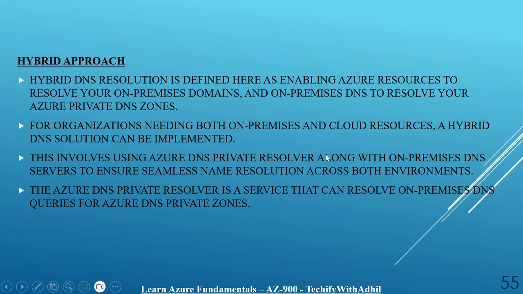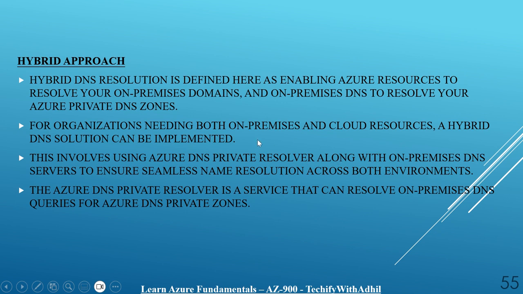This involves using Azure DNS Private Resolver along with on-prem DNS servers to ensure seamless name resolution across both environments. So here the key point is Azure DNS Private Resolver. This we will be discussing in our next playlist of Azure administration.